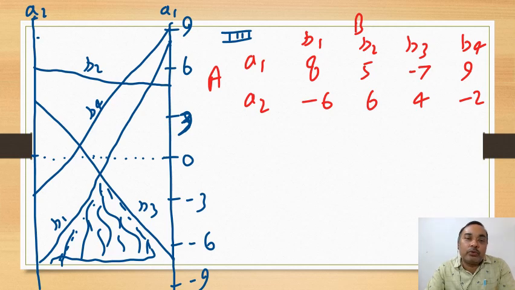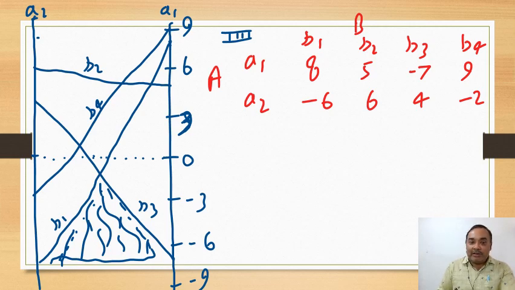Here there are two rows, A1 and A2, so we draw two straight lines and name one A1 and another A2. Now go column-wise. In the first column, 8 and -6: in A1 we go for 8 and in A2 for -6, and draw a straight line.